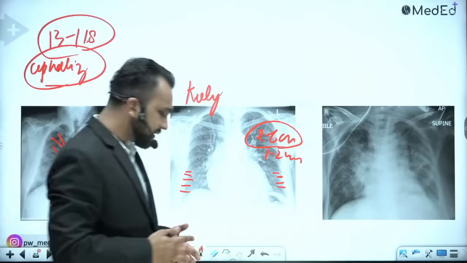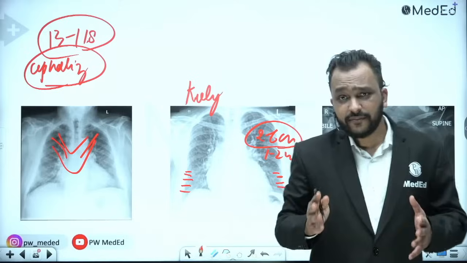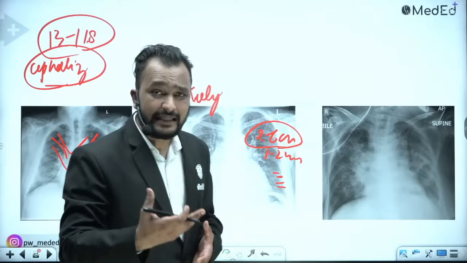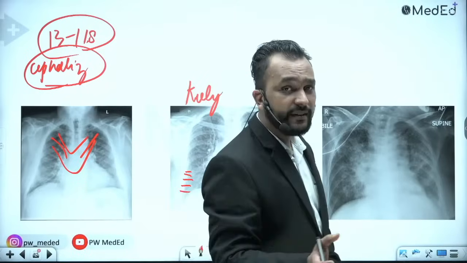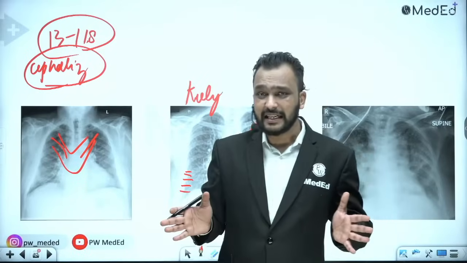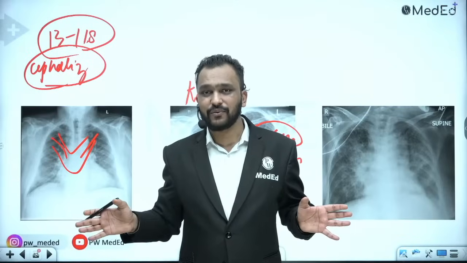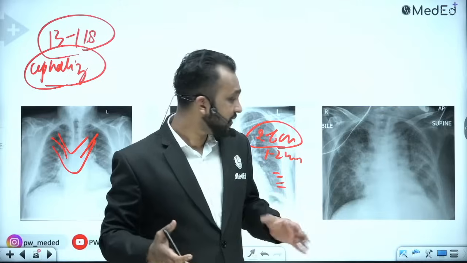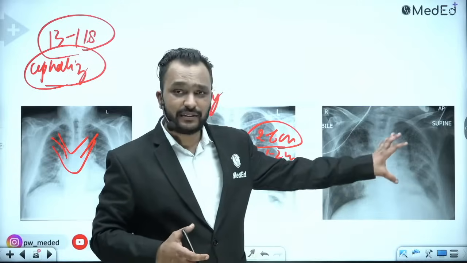And in the third stage, when the pressure in the pulmonary veins starts increasing, there is an increase in hydrostatic pressure in the pulmonary veins, and the fluid starts leaking out of the pulmonary veins into the alveoli. When these alveoli get filled with fluid, they will appear as consolidation.